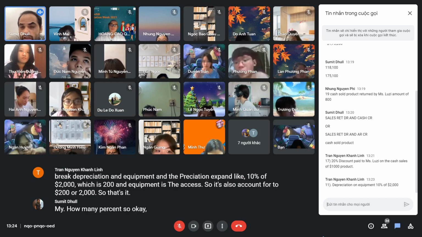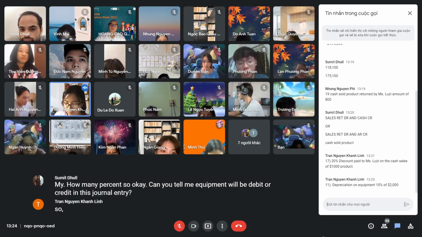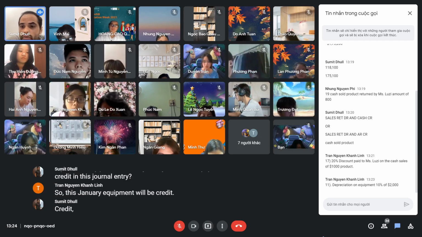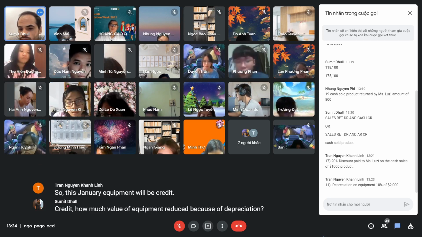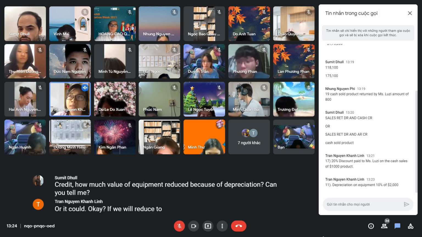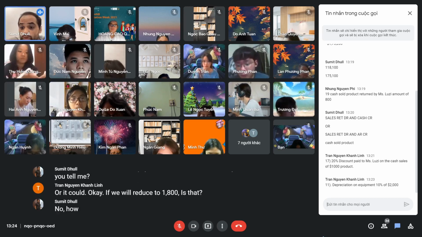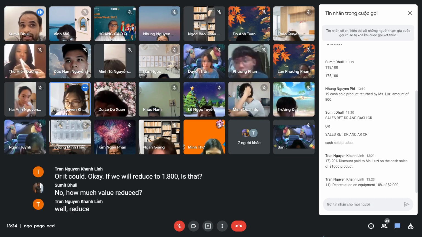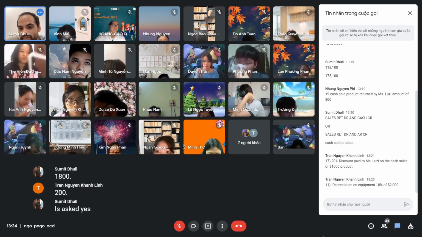Can you tell me whether equipment will be debit or credit in this journal entry? Equipment will be credit. How much is the value of equipment reduced because of depreciation? It will be reduced to 1,800. No, how much value is reduced? 200. Yes, 200.